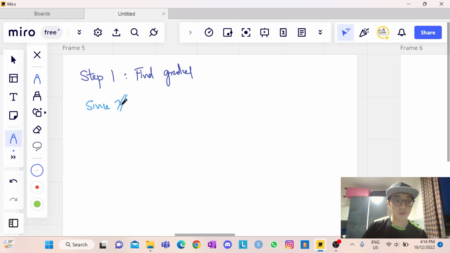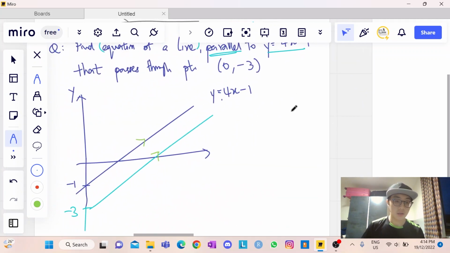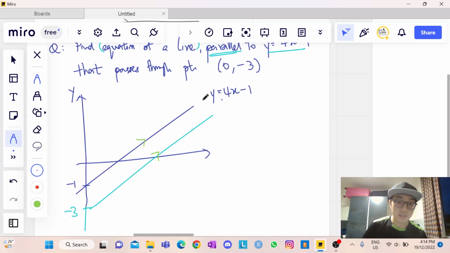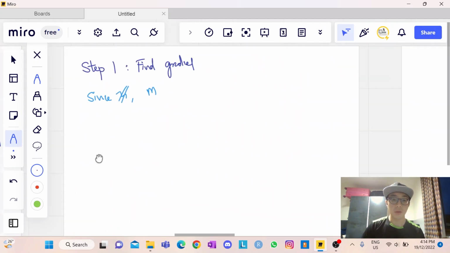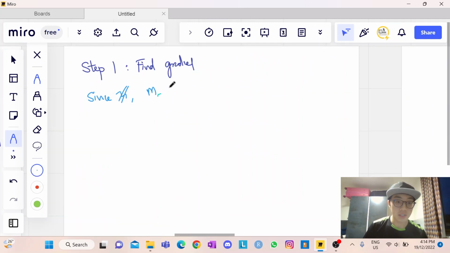It's easy because since they are both parallel, let's name this line C, and this is line D that you're looking for. The gradient of C is equal to the gradient of D, which is equal to 4.